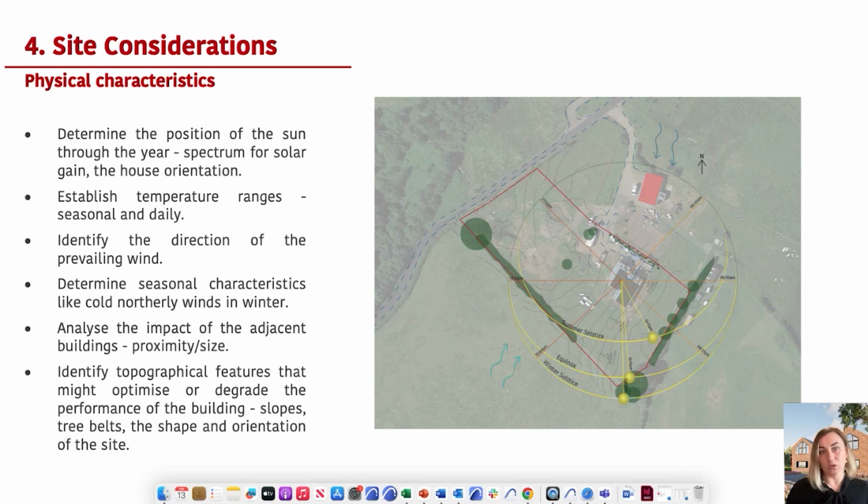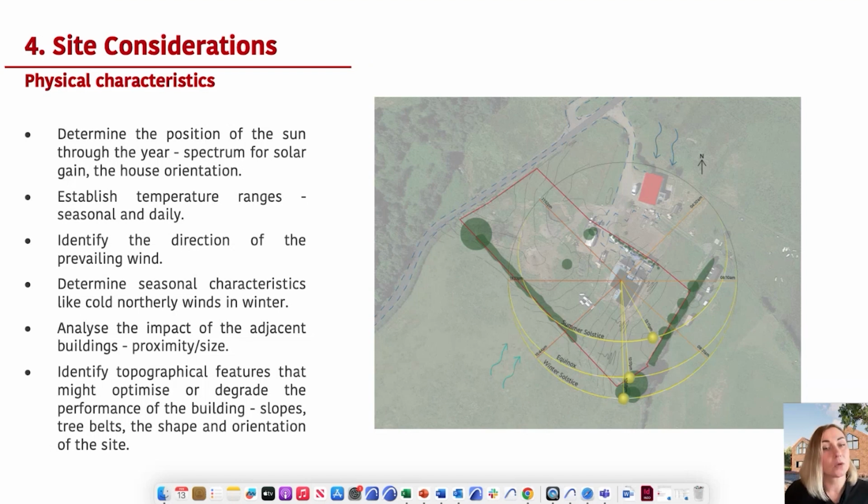So when you're looking at the site, you want to determine the position of the sun throughout the year, which will provide you with a spectrum for that solar gain and guide the house orientation. You also want to establish temperature ranges, both seasonal and daily. You want to identify the direction of prevailing wind, which may determine where you're going to locate your openable windows, potential front doors or any external sitting areas.